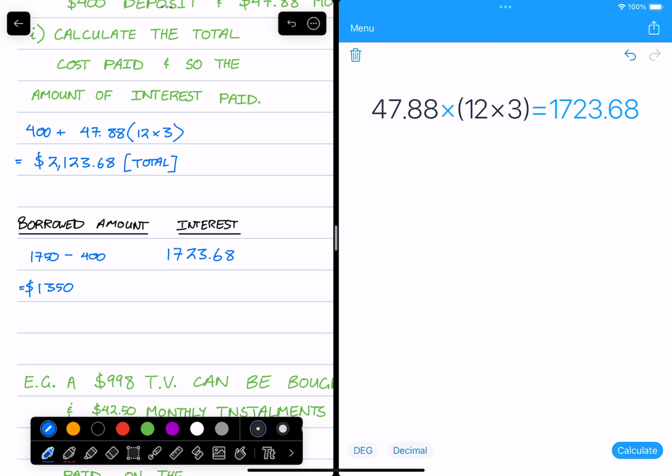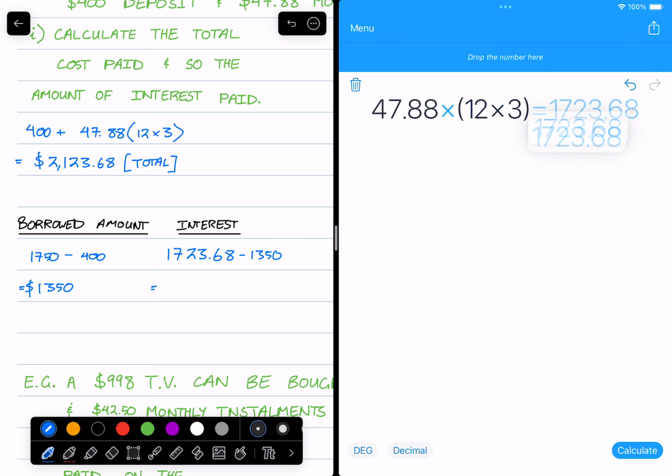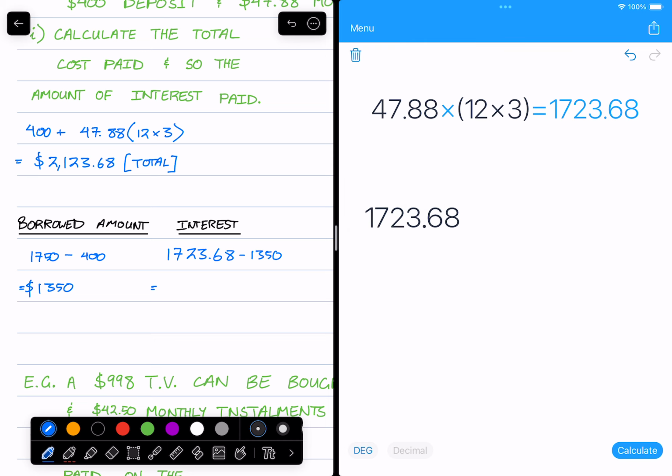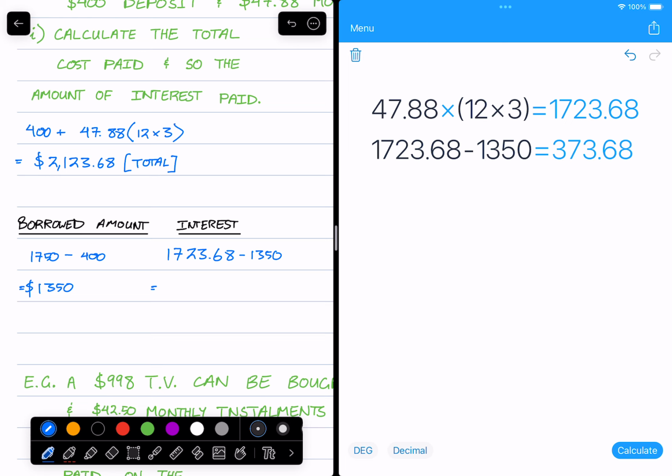This is the total repayments, and we take the difference between all the repayments minus the original borrowed amount. So the interest paid on the borrowed amount is $373.68. That is the interest.